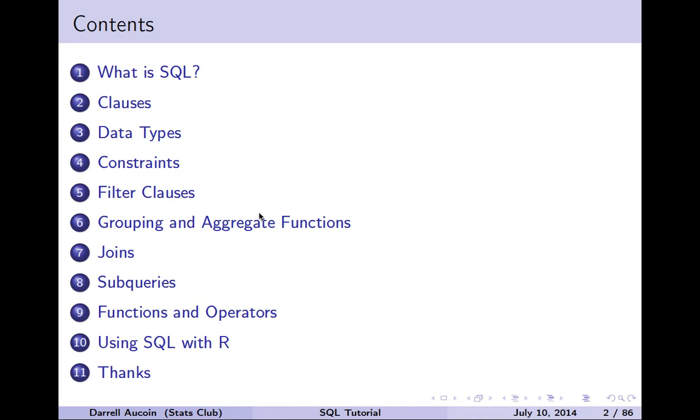A bit on functions. Unfortunately, functions is too big of a topic to squeeze into almost any length of time, so I just give an idea of what functions are, and using SQL within R.